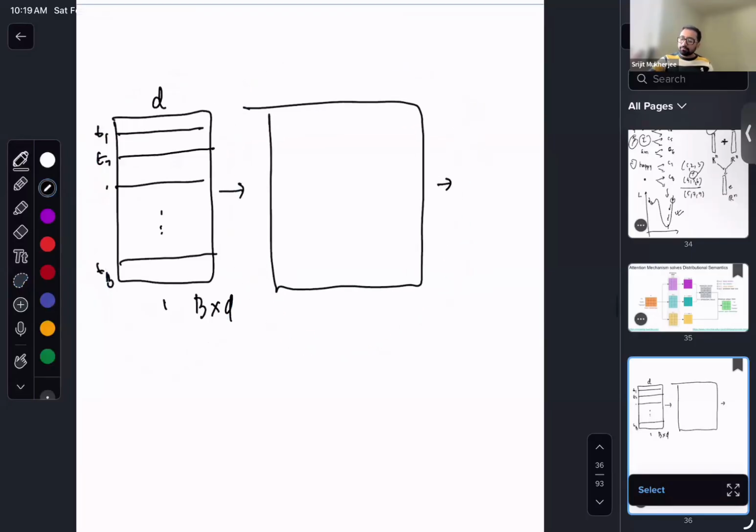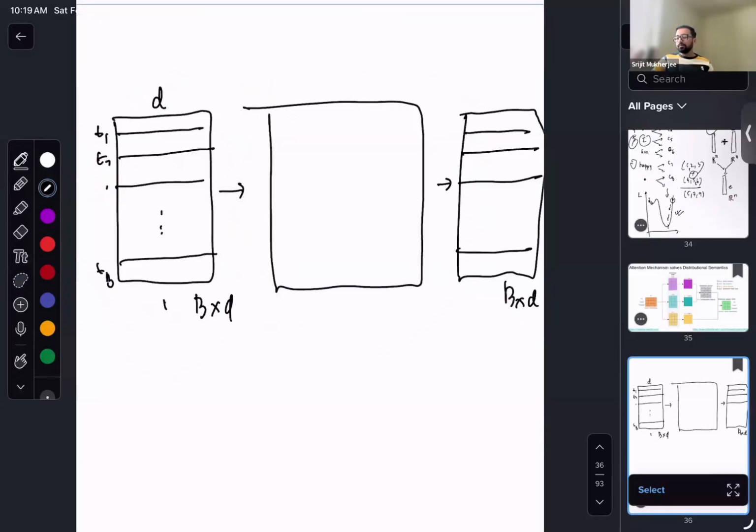Essentially, it's the same dimension, B cross D, but with updated vectors, or B cross D dash, but updated vectors. So if it's E1, E2 here, it's E1 dash, E2 dash. But the B is the same.